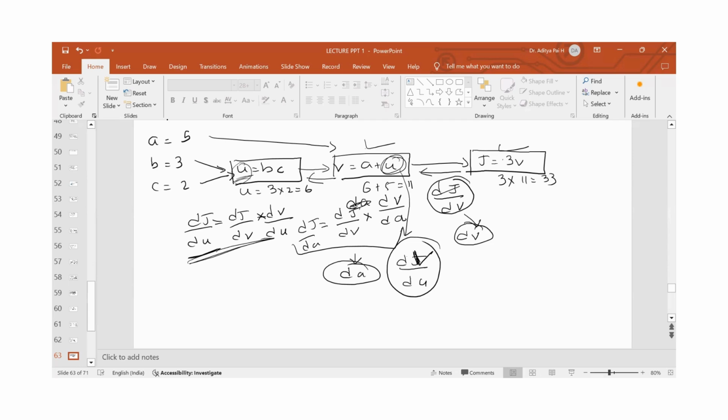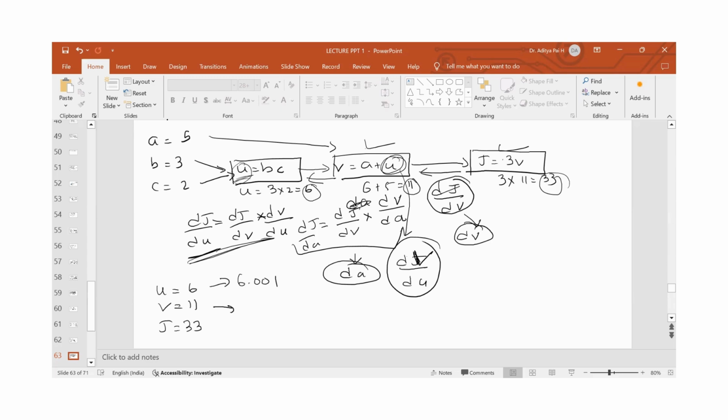Now if the value u is equal to 6, v is equal to 11 and j is equal to 13, so these were the initial values. Now consider I have changed my value of u to 6.001.